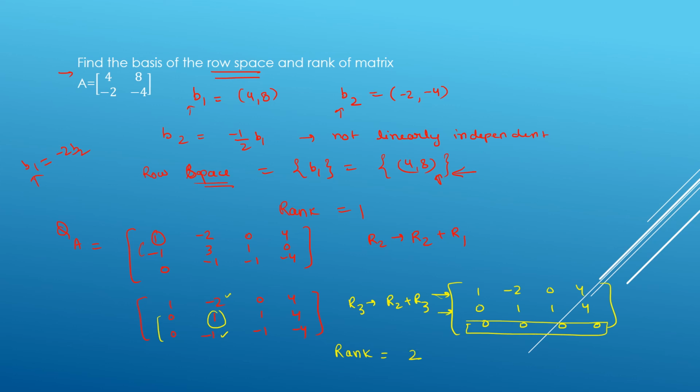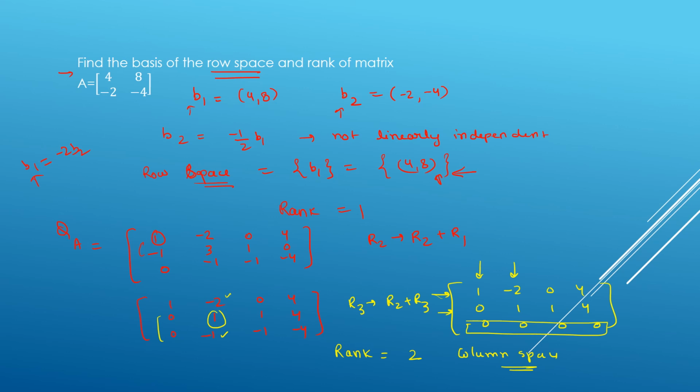And if you have to find the row space, or let's say the column space, for column space you have to see which one has the pivot 1. That means which column, because you are talking about column space, is forming the non-zero. So you can see the first and second columns have the fixed form, right?